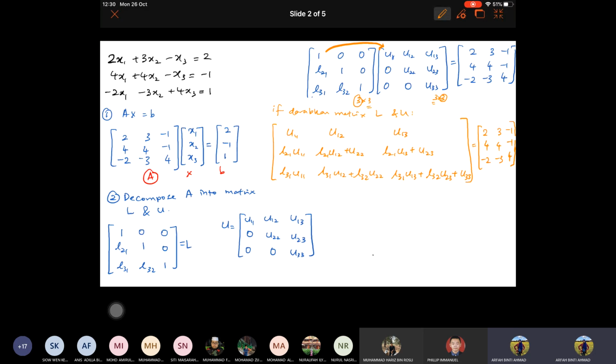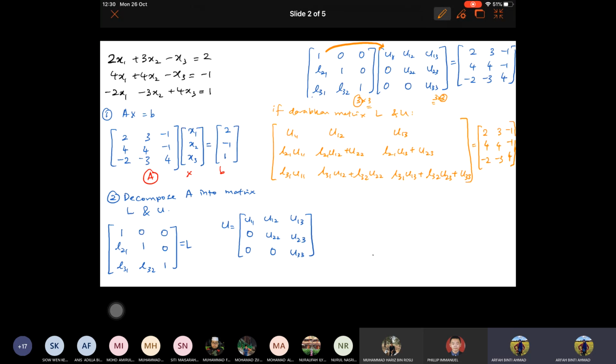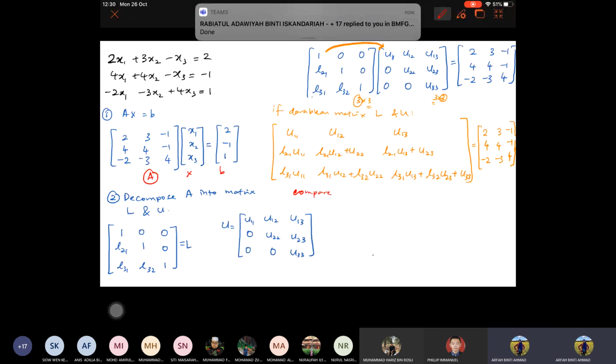Yang lain semua done? Oh, baru 1 minit. Okay, saya padam yang bawah ni. Tak apalah, kita terus compare. So, compare yang atas ni dengan yang compare elements.